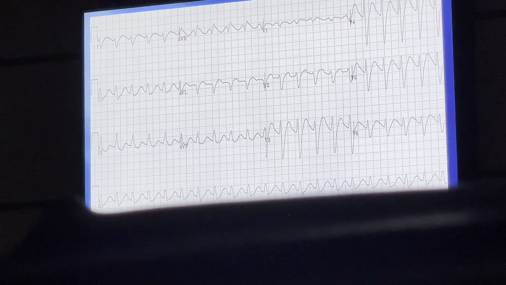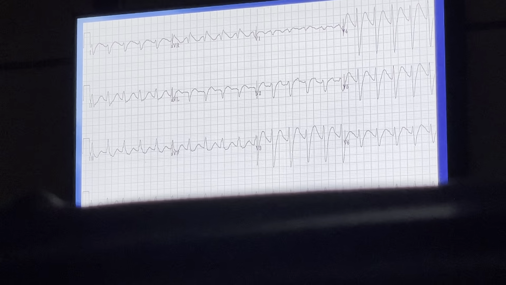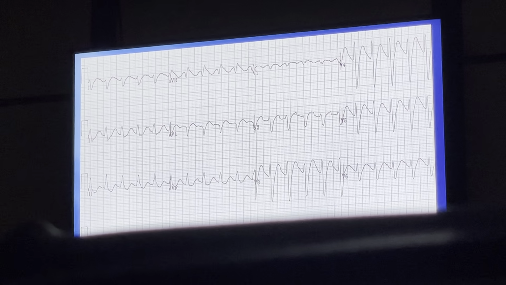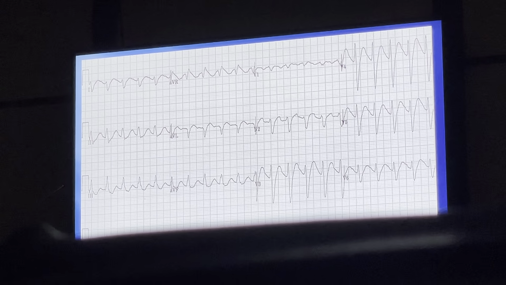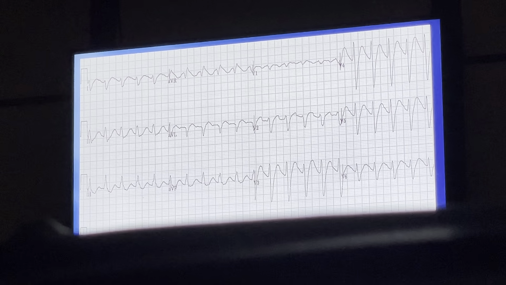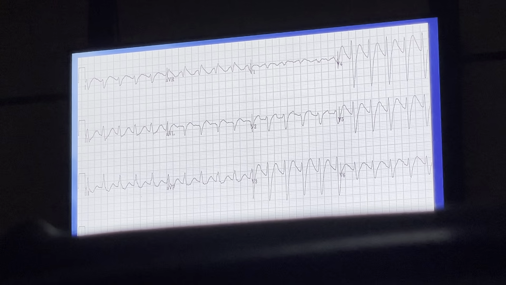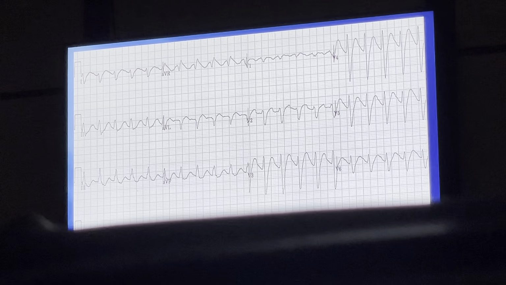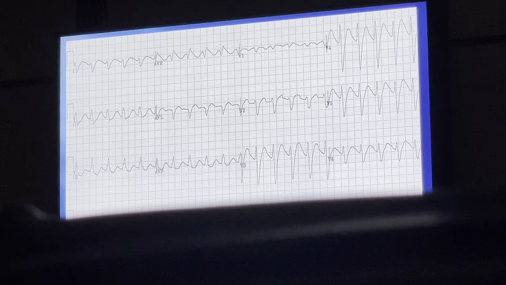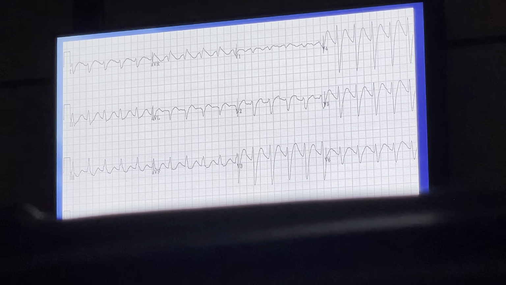Left. How? In left bundle branch block, where are the dominant or late forces? Towards the left side. So there must be an R wave, the dominant R wave in the terminal part.